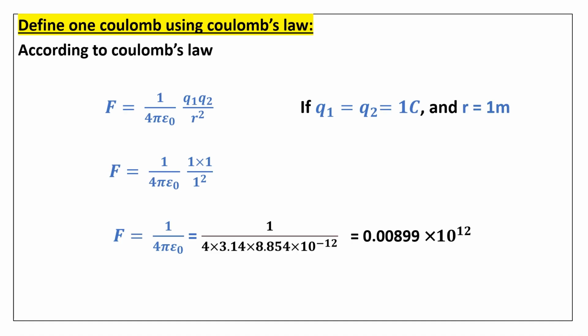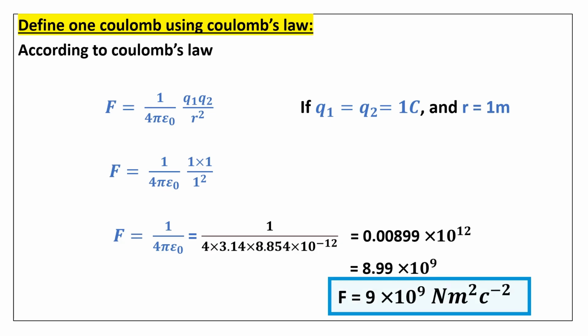On substituting the value of 1/(4πε₀), the final answer is 9 × 10⁹ Newton, meter square per square coulomb.